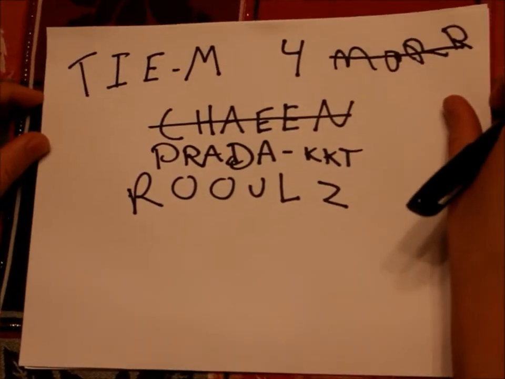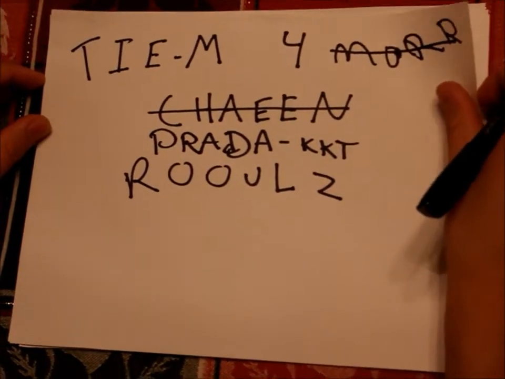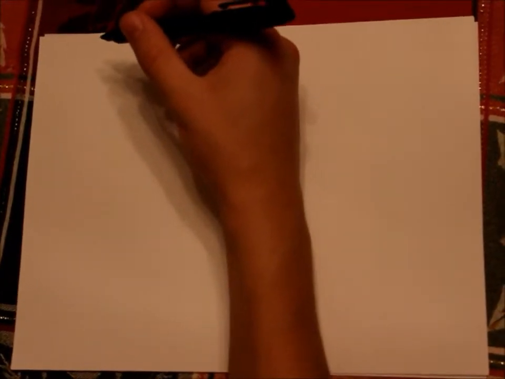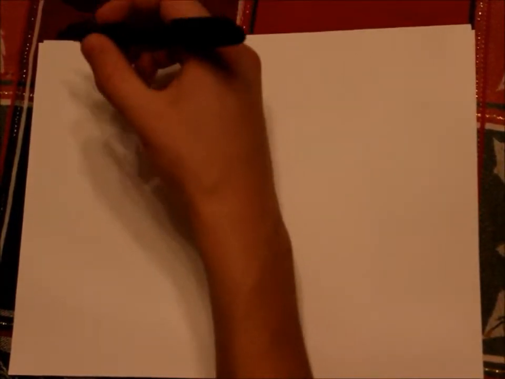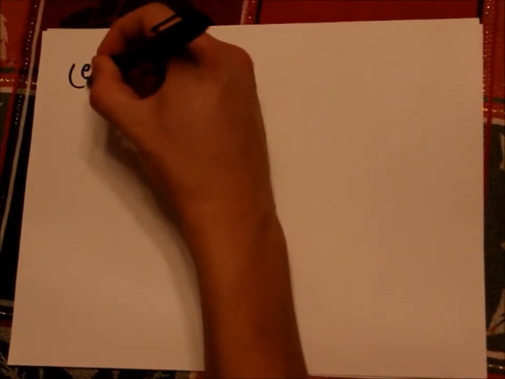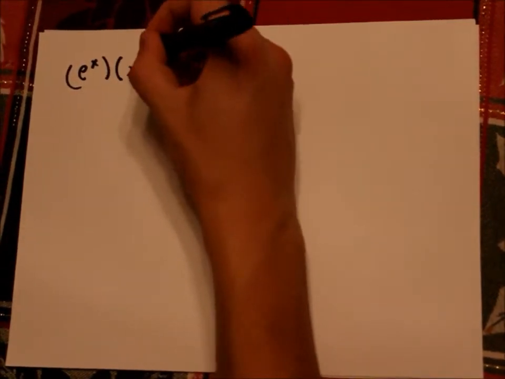Okay, so now we're going to cover the product rule. Product rule is pretty much when you have two functions being multiplied together, for example e to the x times x.